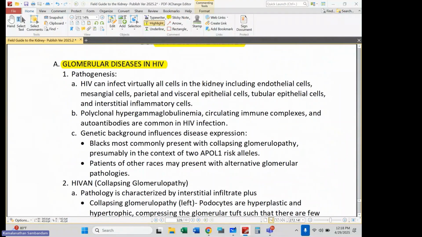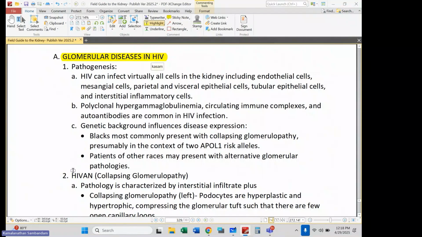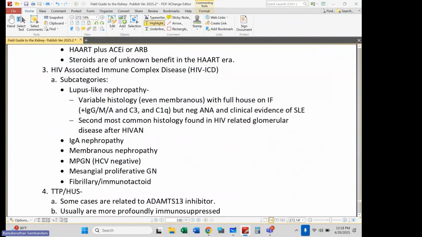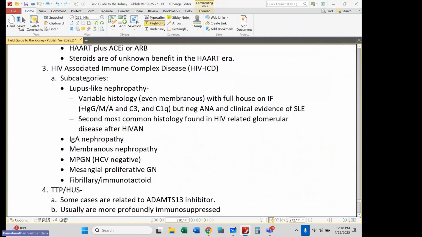Certainly, we talk about glomerular diseases, and one high point in that discussion is HIV, but I want to talk about other glomerular diseases. The other main category of glomerular disease is the so-called HIV-associated immune complex disease, and some would use immune complex kidney disease, abbreviating this as HIVICK.